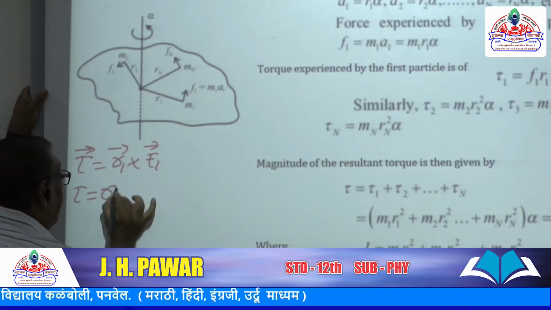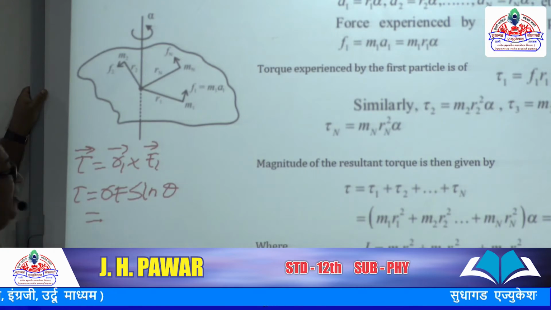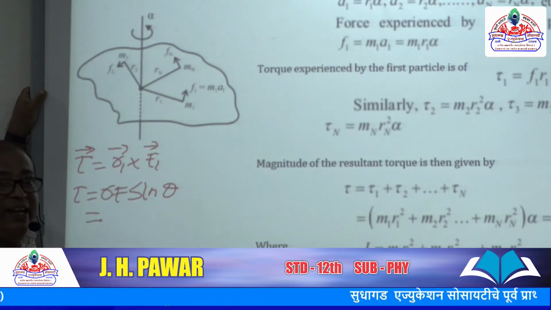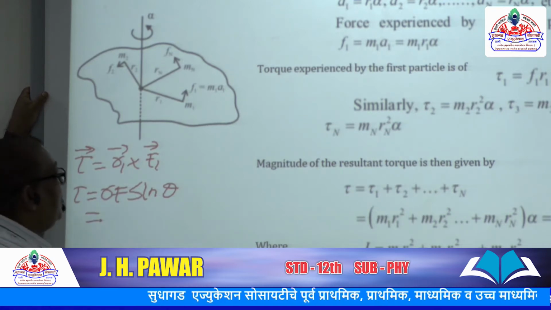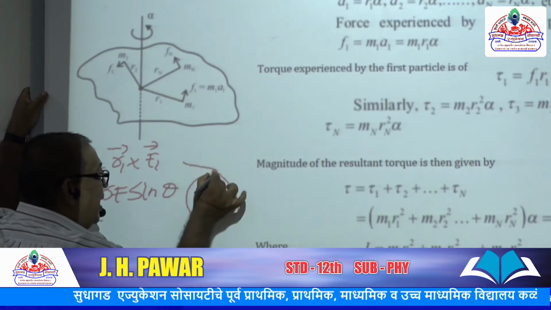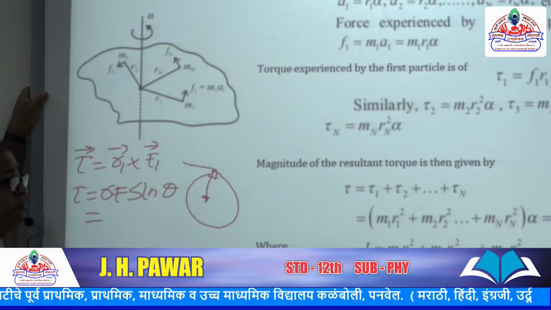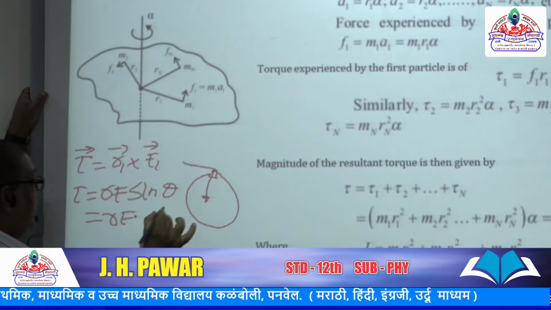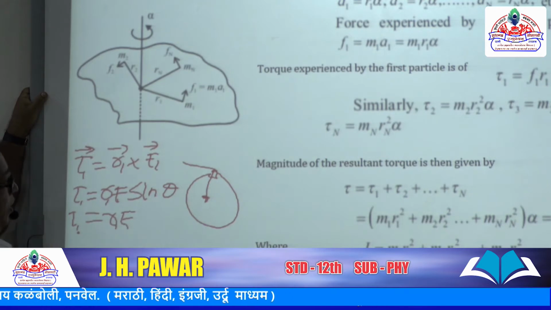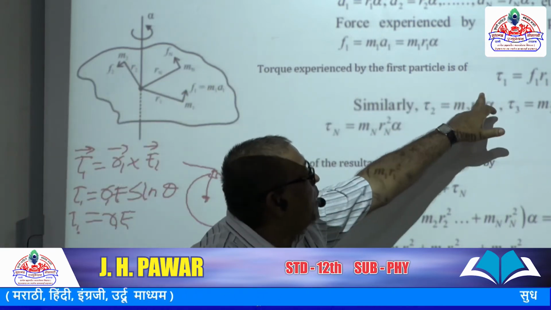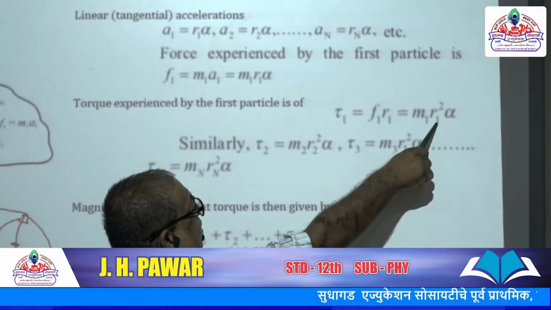That's why the magnitude is r f sine theta, but here theta is 90 degrees, because vector r is along the radius and the force is tangent to the path. So r f sine 90 means directly r into f. Torque tau 1 for the first particle is r1 f1, which equals m1 r1 square alpha.